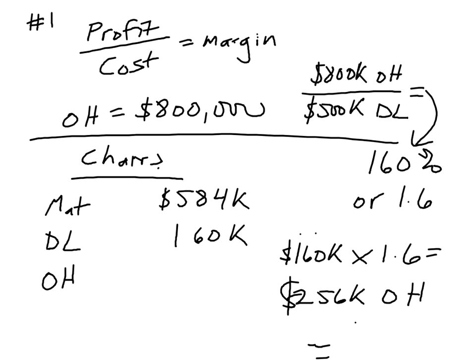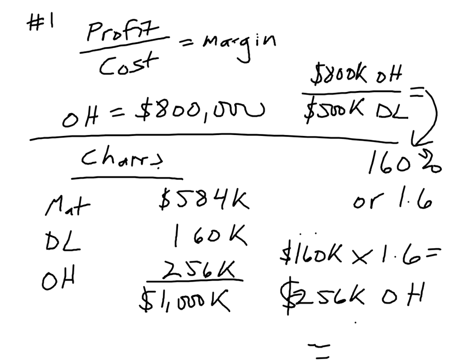So to calculate our profit margin, we're going to add this 256K. So our total expenses for chairs is 584 plus 160 plus 256. That gives us 1,000. So they're being nice to us. They gave us a nice round number, 1,000.